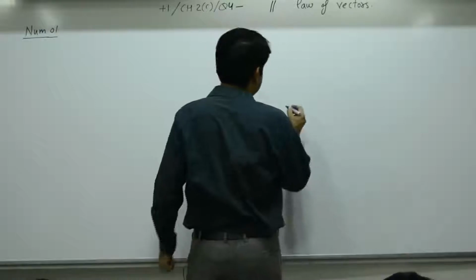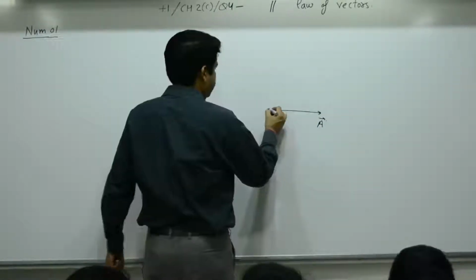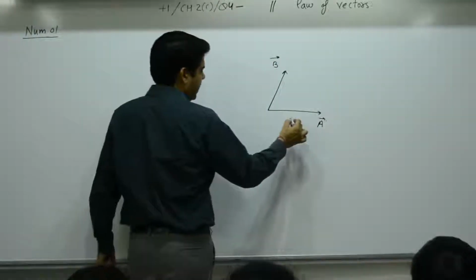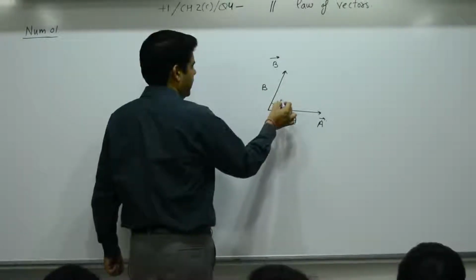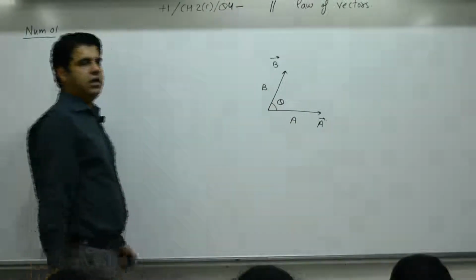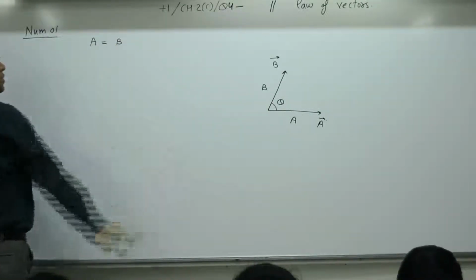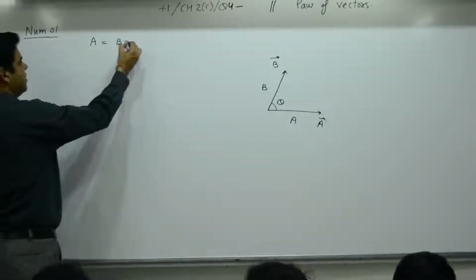This is how you will start. One vector A, another vector B. Magnitude of A and magnitude of B are equal. The angle between the two is theta. It is given that magnitude of A is equal to magnitude of B. You may write this as x, not a problem.